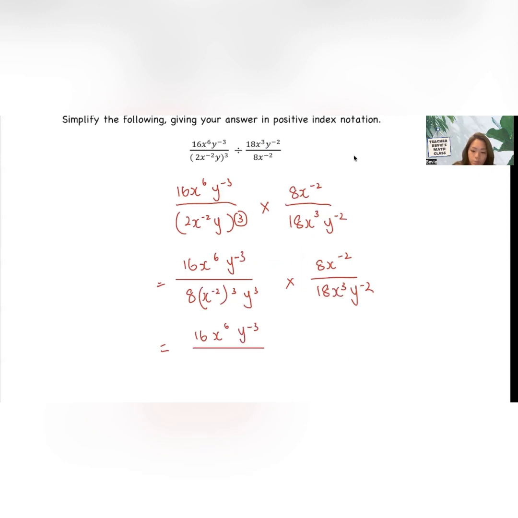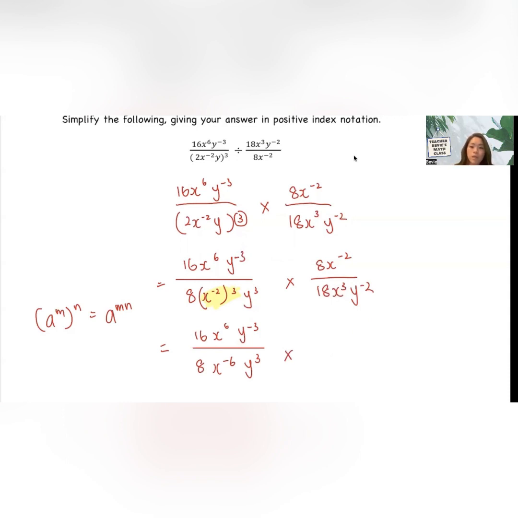okay, for this portion of the indices here, I'm actually using this law of indices, a^m in a bracket to the power n, which gives me a^(m times n), that's a^mn. Okay, so this is 8x^(-2 times 3), that gives me minus 6, y cubed, copying down. All right, and then for the second portion, what we can do is make it into a positive index notation.